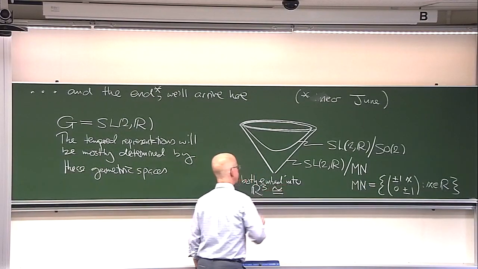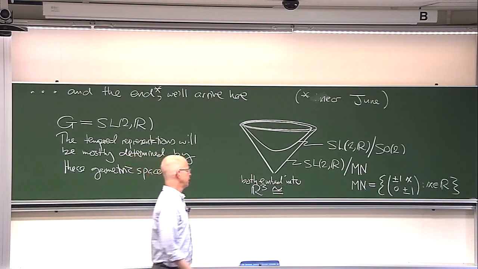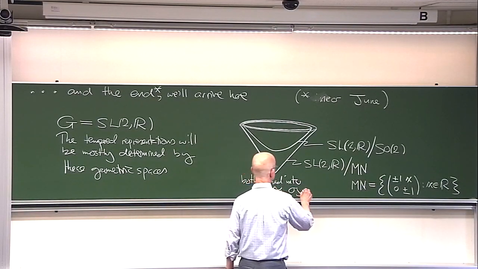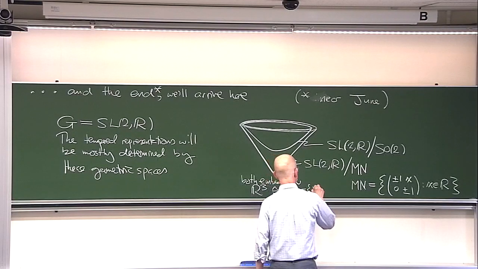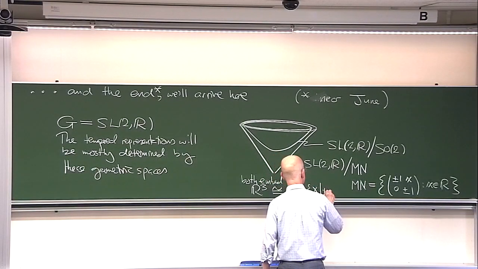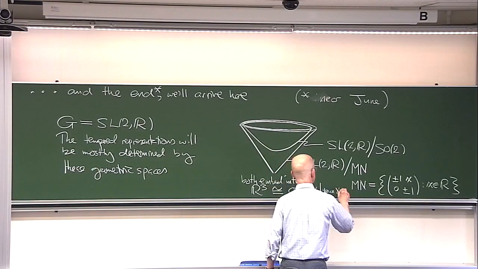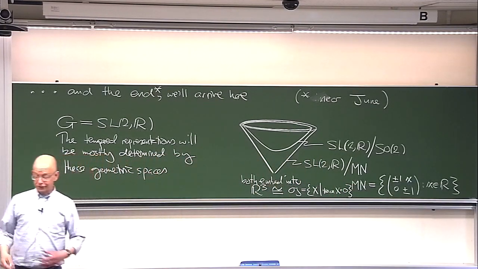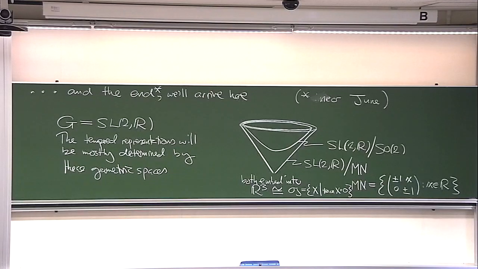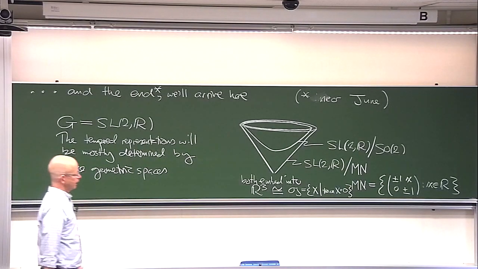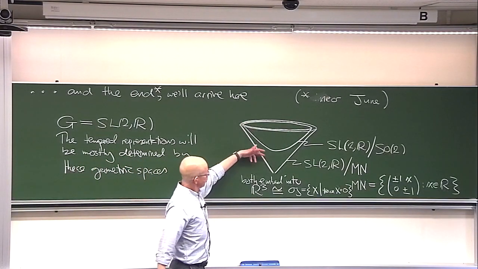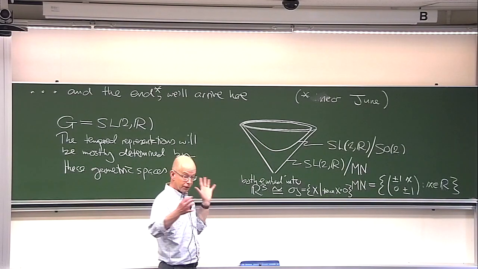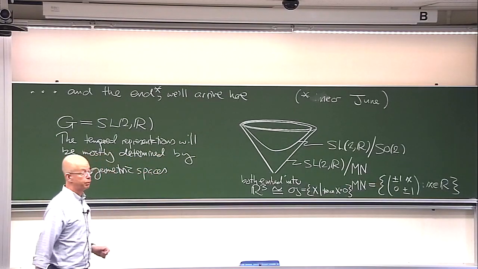And one way of doing that is to think of R3 as the Lie algebra of our group G. So it's a set of all matrices, 2 by 2 matrices with trace 0. And SL2R acts on this set of matrices just by conjugation. And now you can find that a single orbit under that conjugation action can look like this, or it can look like this. There are other orbits as well, which are less important.